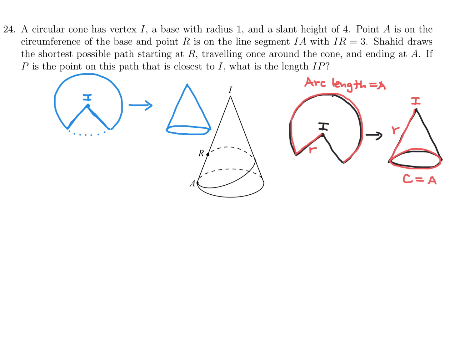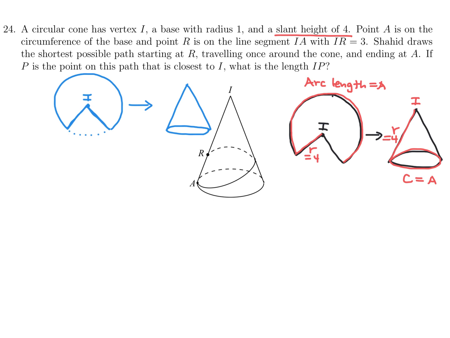Okay, so now we have to fill in the values of what they gave me. So let's see here. What did they give me? The only thing they actually gave me was that the slant height is 4. So that means this R is 4.